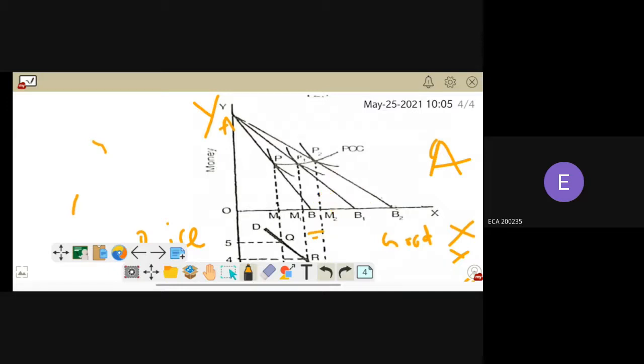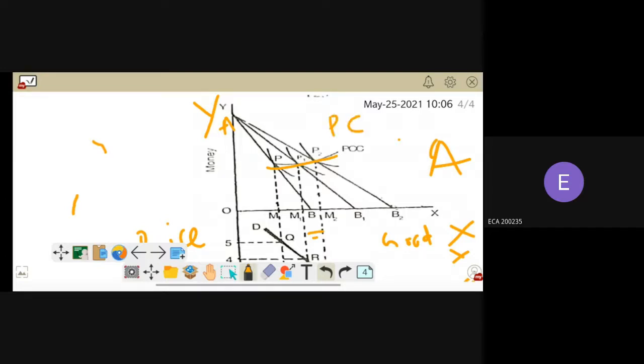And the consumer is in equilibrium at different points, P1, P2, where the indifference curve is tangent to the price line or the budget line. So connecting all those points, we get the price consumption curve.